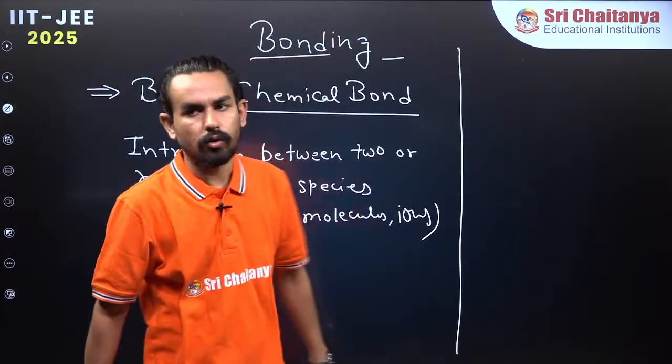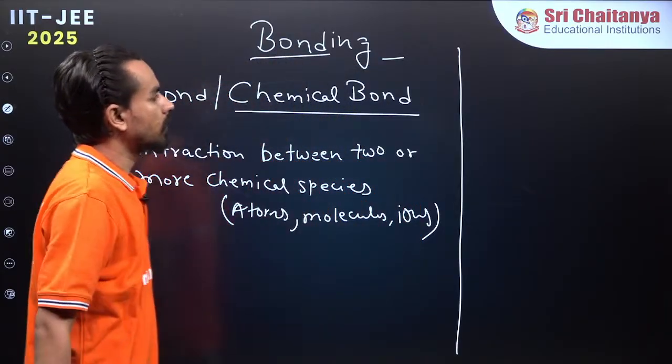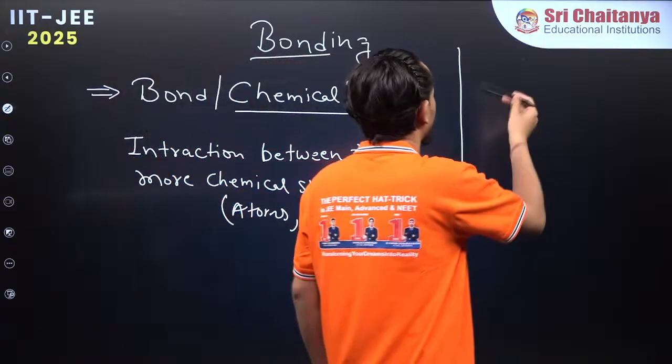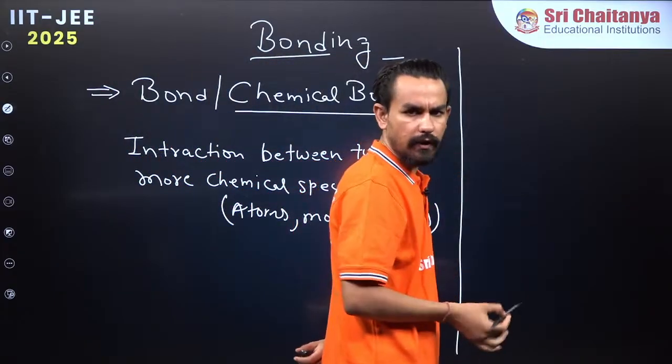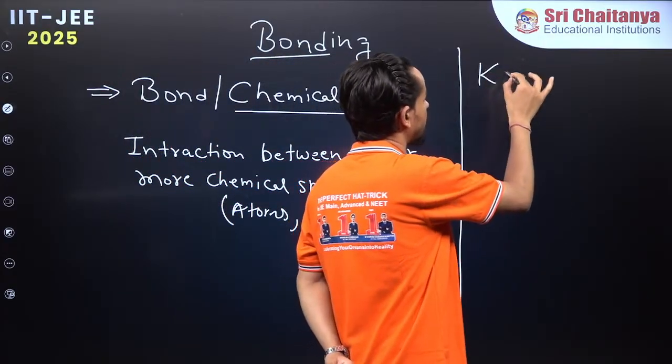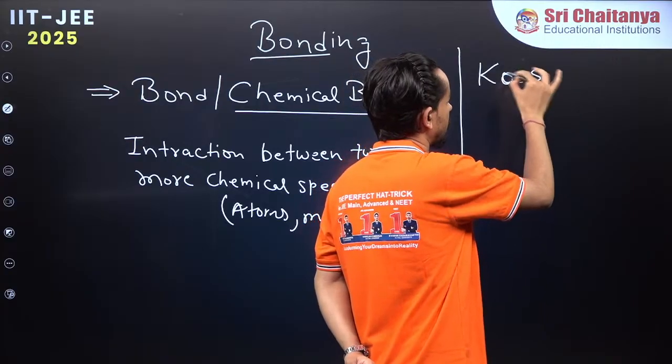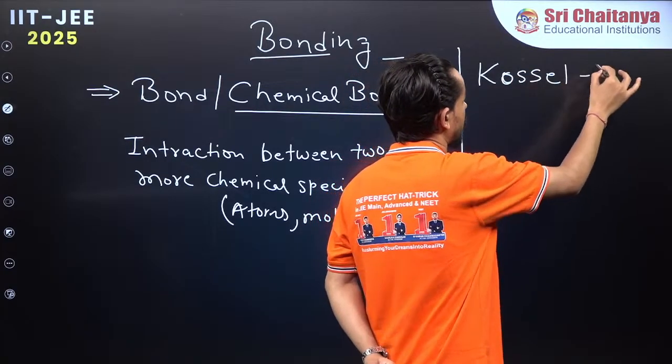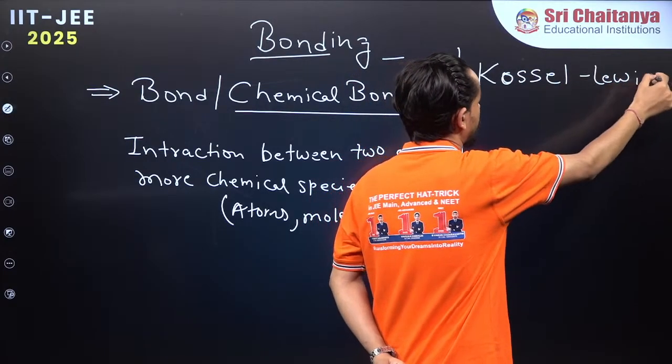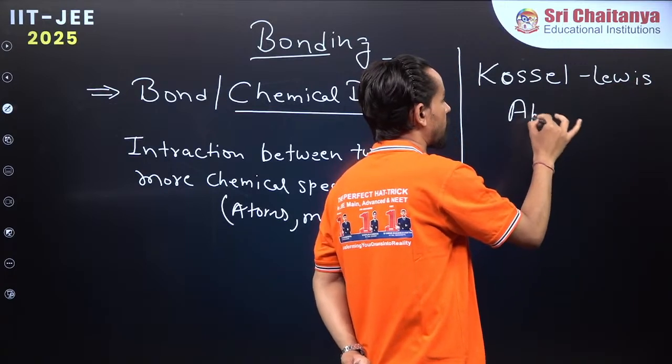Okay, so what we have to know in this is there are 2-3 types of bond, or there are 2-3 theories that will explain bonding. The first one is known as Kossel-Lewis approach. That is very, very important.